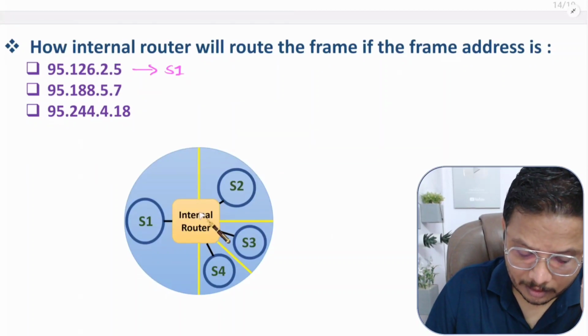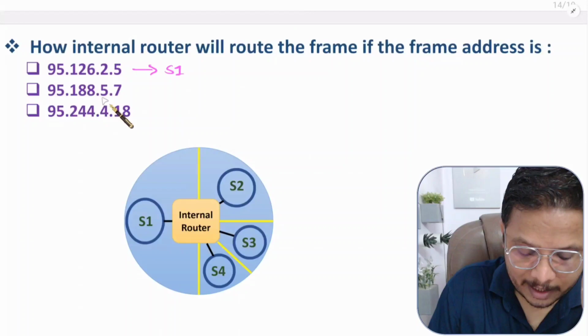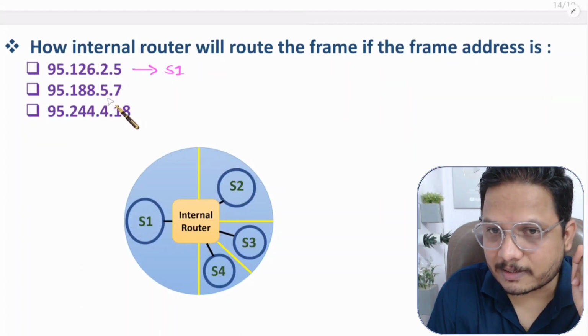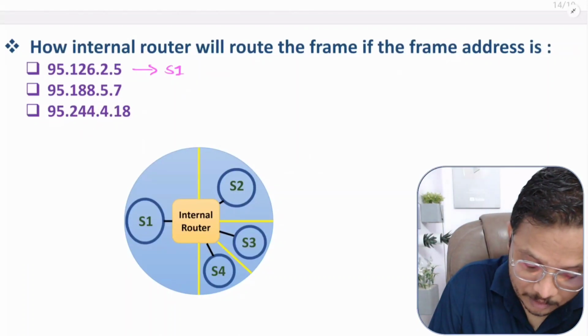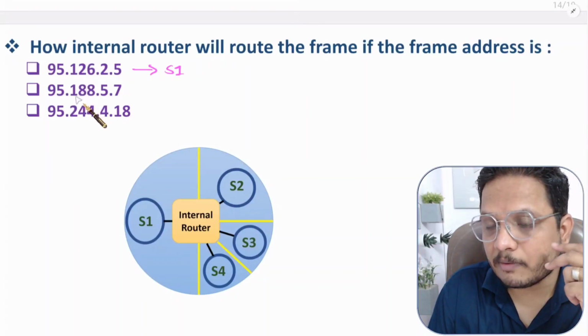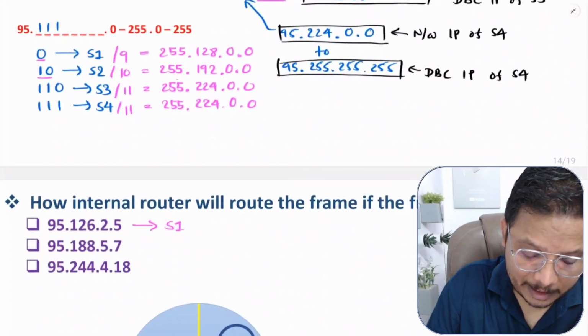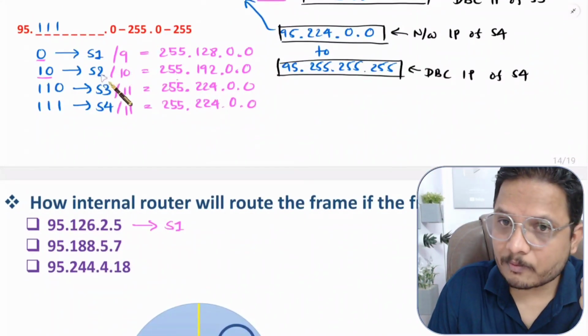Now if you observe 95.188.5.7, that is how it is there. This IP has a second octet of 188. If it is lower than 192, you see it belongs to S2, right?